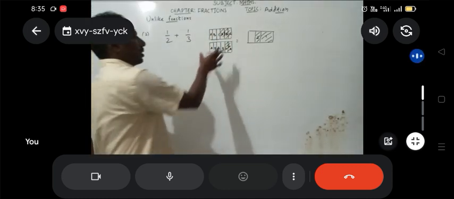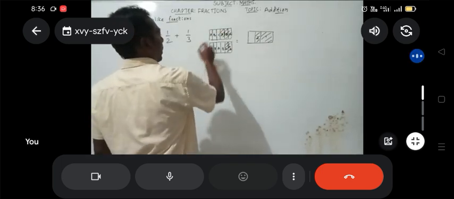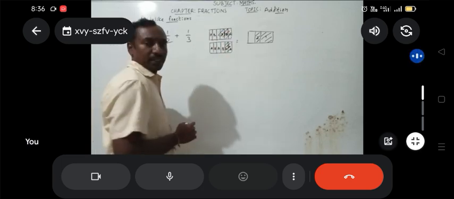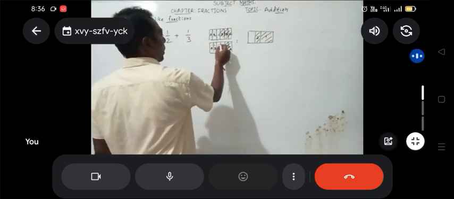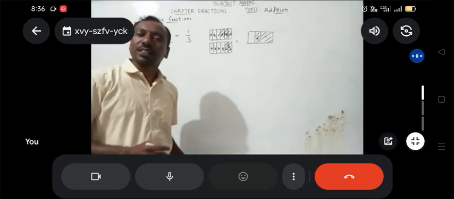See here, the same size rectangle I have taken: 1, 2, 3, 4, 5, 6. 6 parts. Now you can represent it in fractional form.